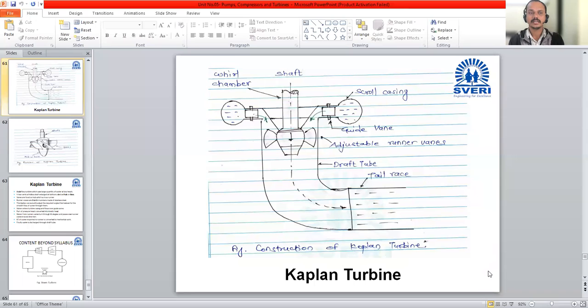Have you completed this diagram? Yes, sir. Okay. We will wait for 2 minutes and then proceed for the video of these three turbines together.